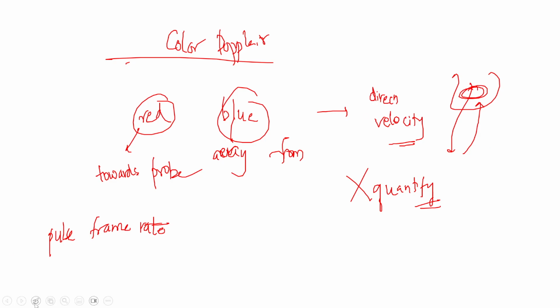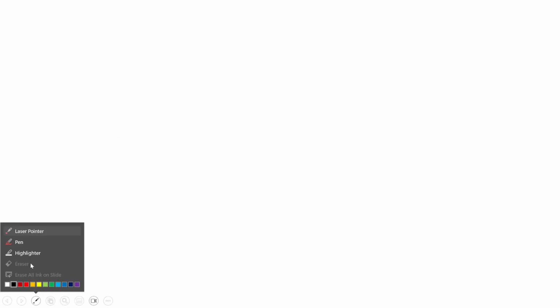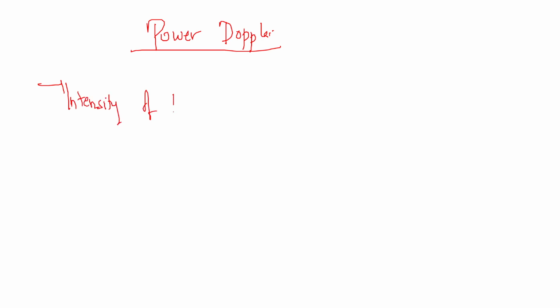Then the next important type of Doppler is power Doppler. This power Doppler will just indicate the intensity or amplitude of the Doppler signal.